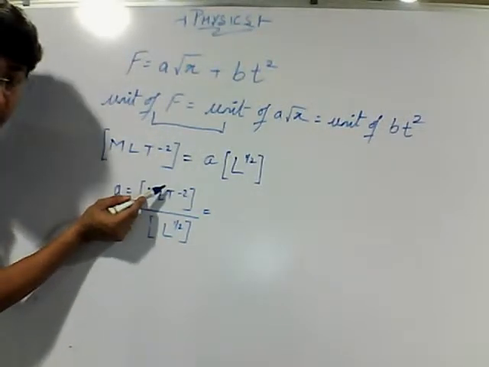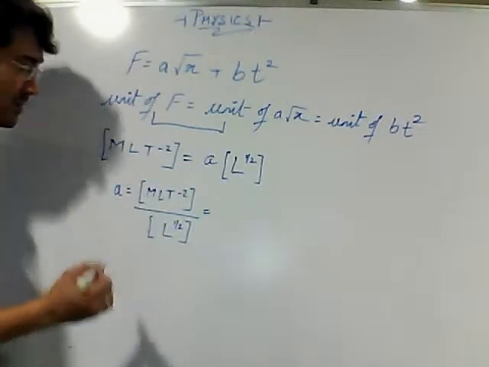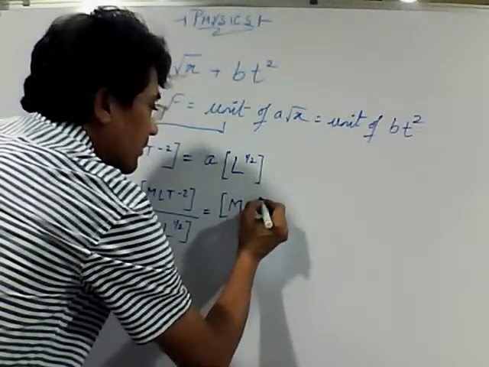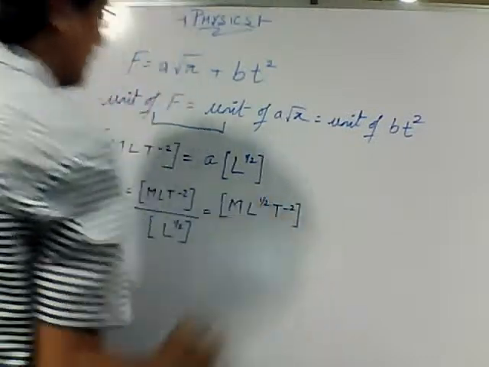Here we have L power 1, so net will be L power 1 minus 1/2, that is L power 1/2. So the dimensions of a are M L^(1/2) T^-2. This is the dimension of a.